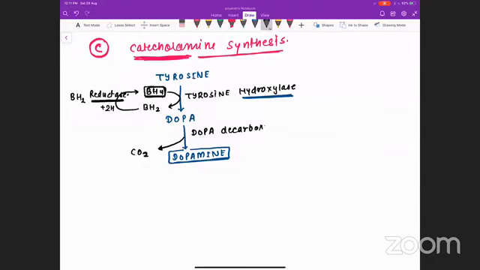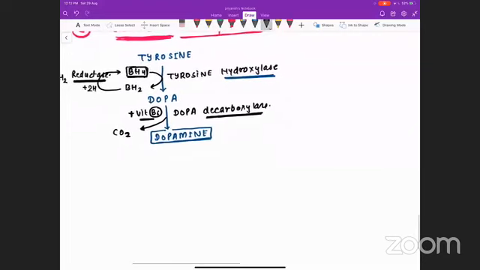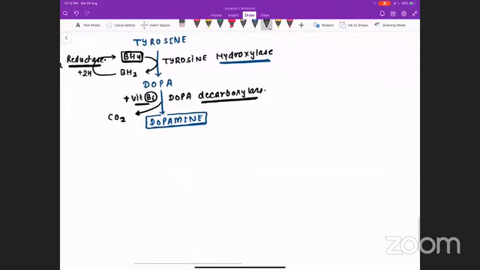I hope you remember the first reaction for us in biochemistry was a decarboxylation reaction. Whenever we do decarboxylation in the amino acid chapter, the coenzyme required will be vitamin B6, that is PLP. So this is how dopa can convert into dopamine with the help of dopa decarboxylase.